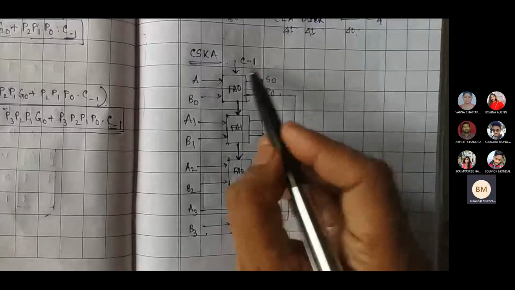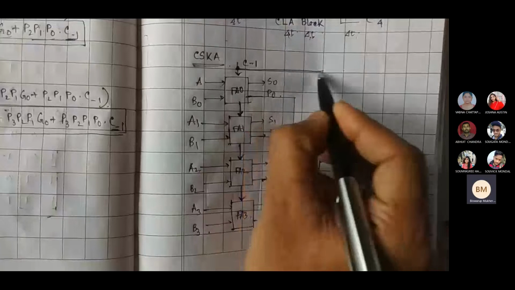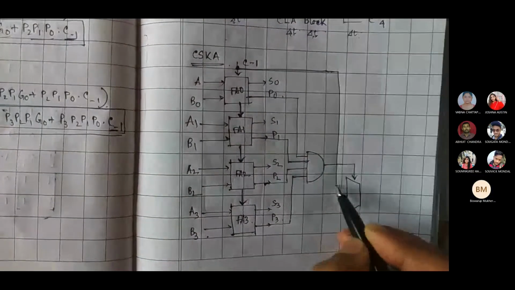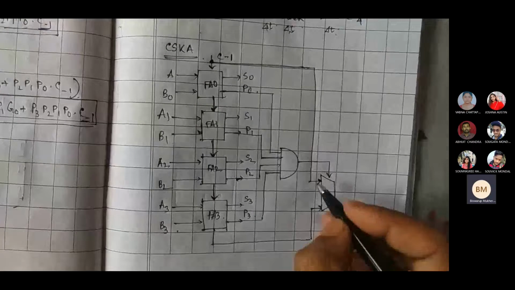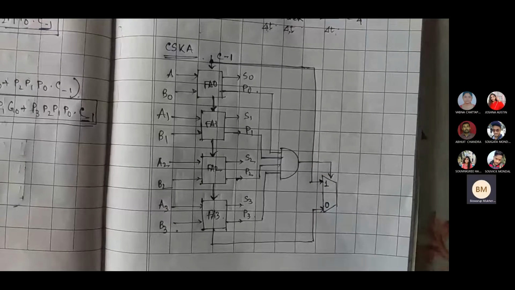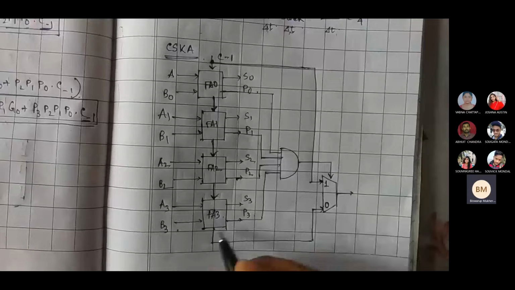That multiplexer has this input, which means C-1 is coming directly, and also we are having this final carry output. So this is for 1 and this is for 0, which is actually finally generating C3.